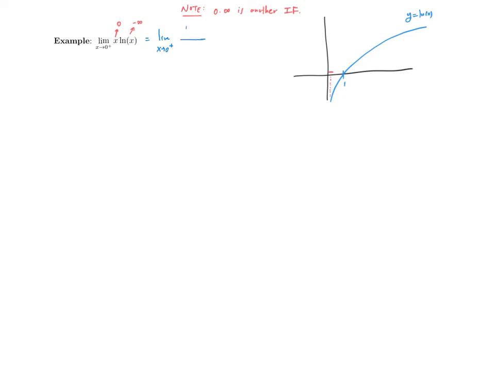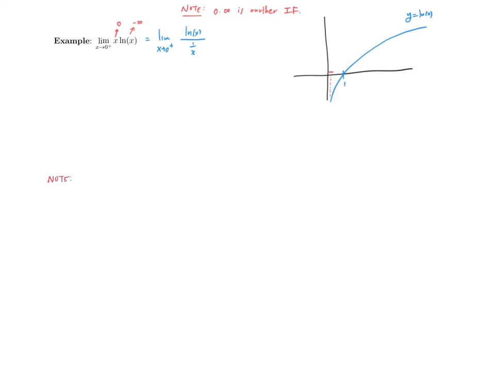And a perfectly reasonable way to rewrite this is natural log of x divided by 1 over x. Because remember, dividing by a fraction is multiplying by its reciprocal. And let me make just a general observation that can be useful.